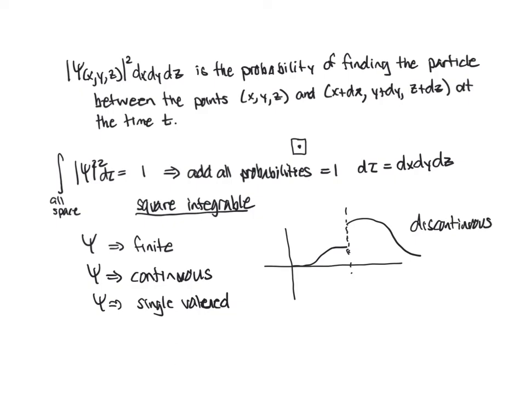And if I have a function that's not single valued, it might double back on itself like this, and then at this x, there are 1, 2, 3 different values of the function, meaning that the square of the function has 3 different values, meaning that there's 3 different probabilities for the particle to be at this x. So I can't have this. So it can't be non-single valued. So that's why our functions have to be finite, continuous, single valued, and square integrable.